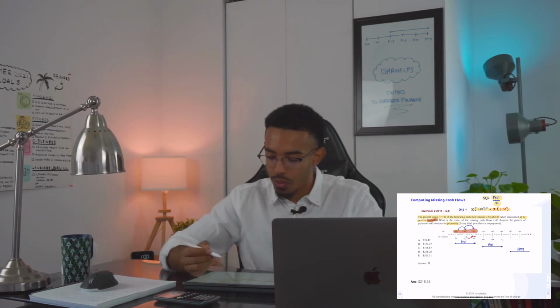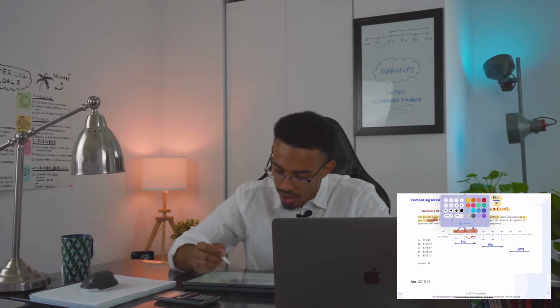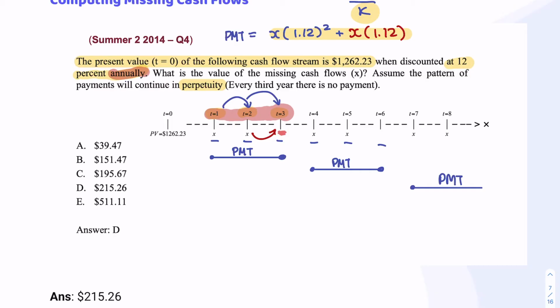So in order to find your k, you need to use the following. You can find your k by doing 1 plus your k right now over 1, to the power of 1 over 3, minus 1.